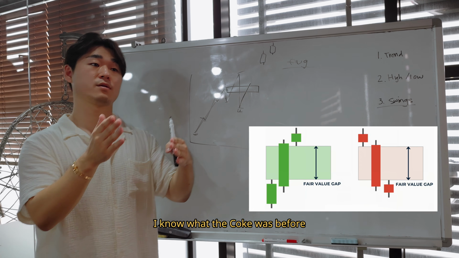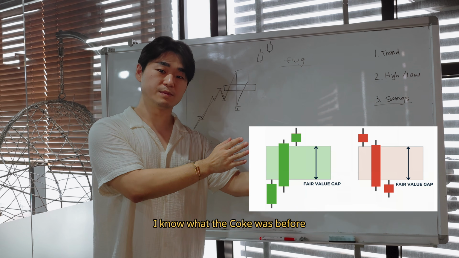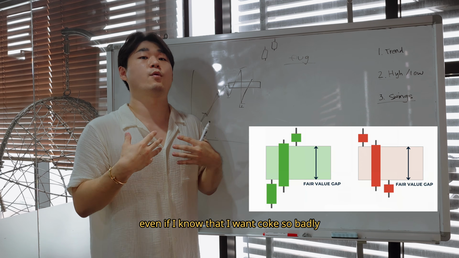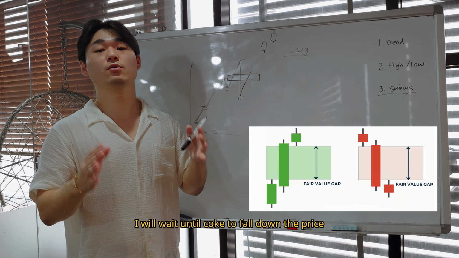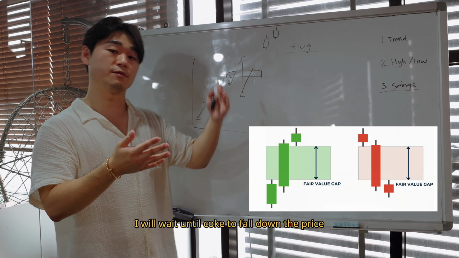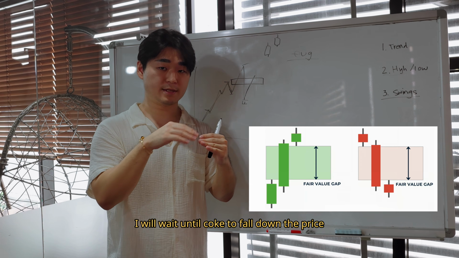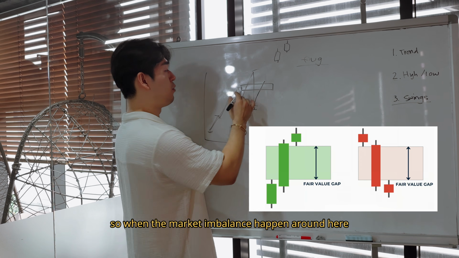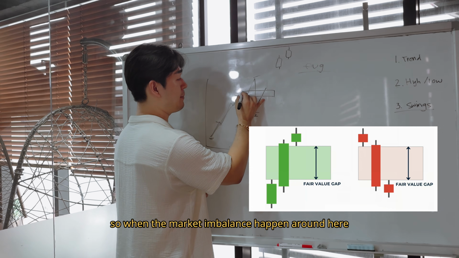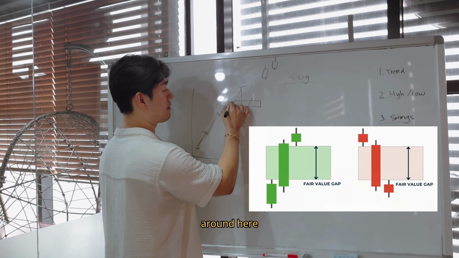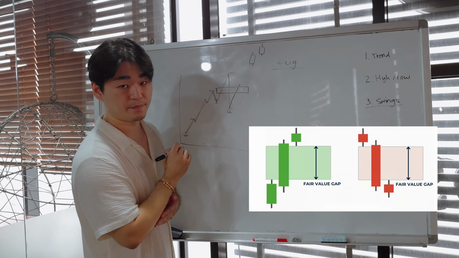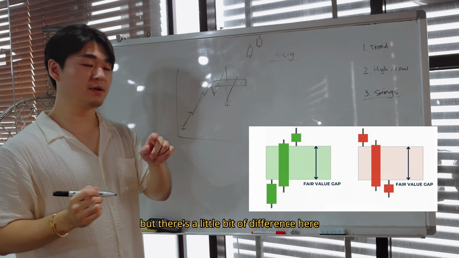I know what the Coke was before. So I wait until the price goes down, even if I want Coke so badly. I will wait until Coke falls in price, and then I will start to buy there. It's the same. So when a market imbalance happens around here, it'll fall down eventually. But there's a little bit of difference here.